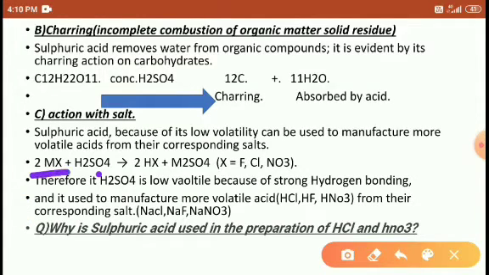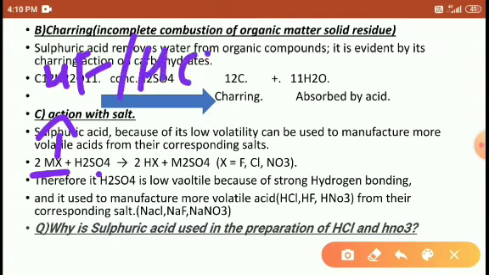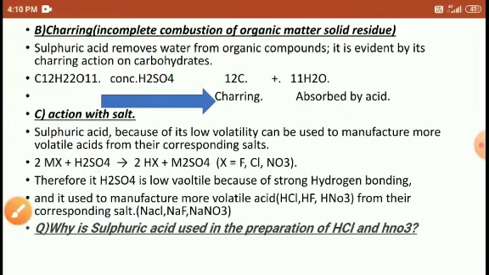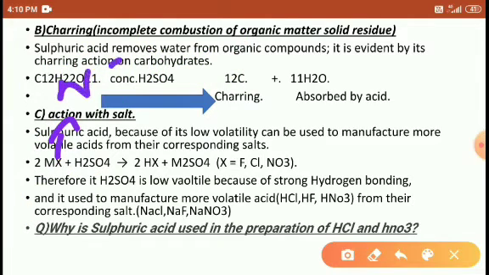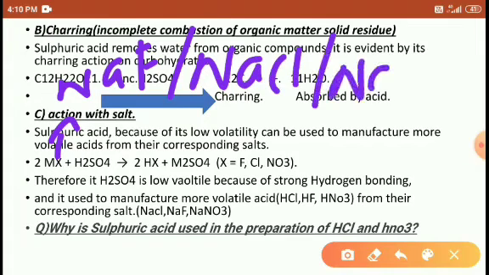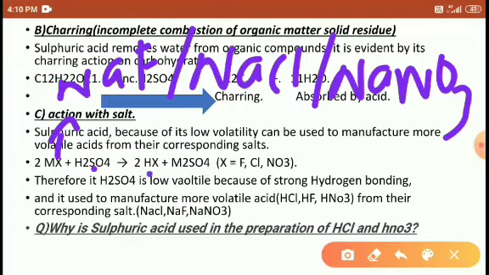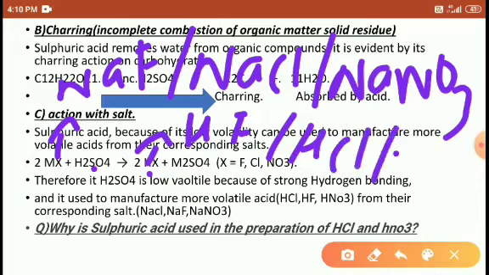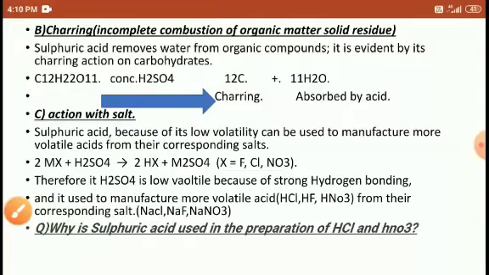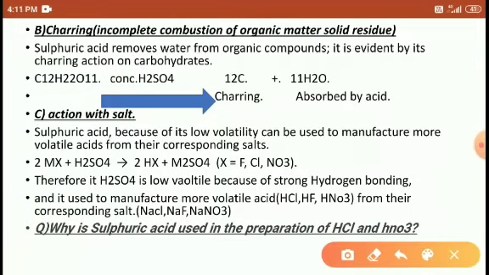Sulfuric acid reacts with NaF or NaCl or NaNO3 to form HF or HCl or HNO3. Right, students? So the more volatile acids are produced by sulfuric acid.